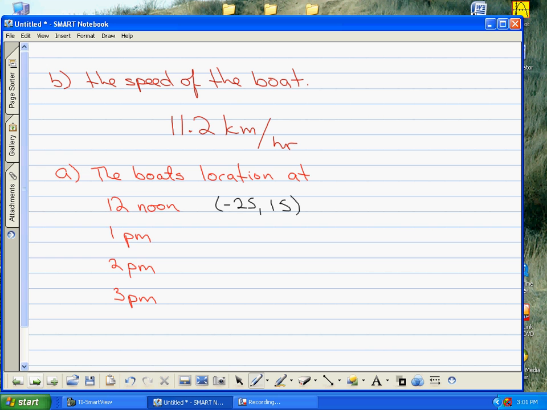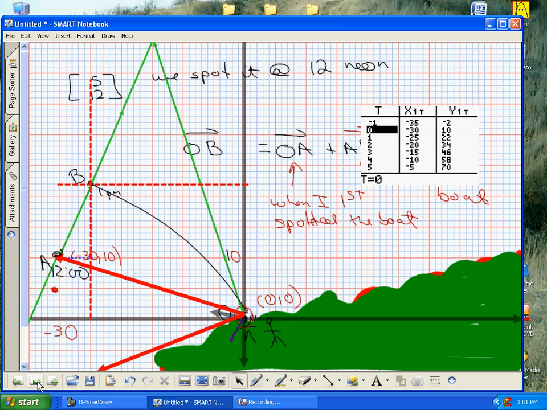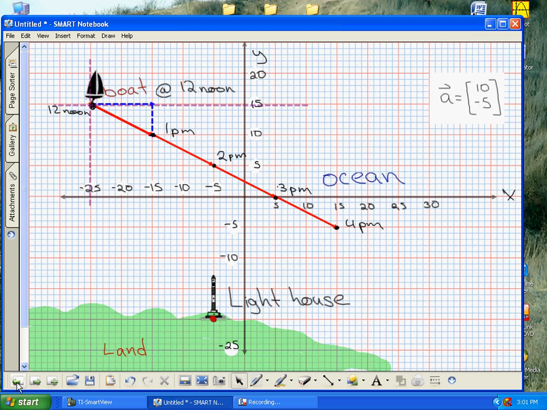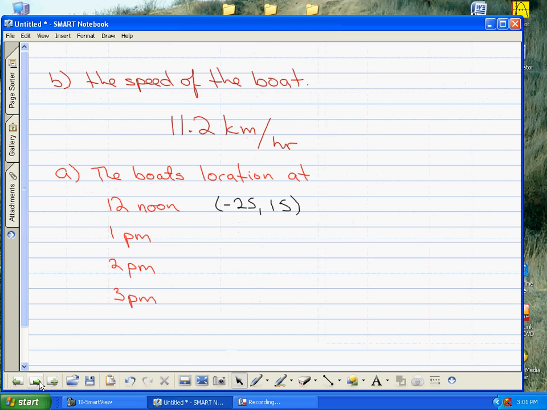At 1 p.m., I am at this point right here. So right here, here's my x coordinate, here's my y coordinate: negative 15, 10. So 1 p.m. is negative 15, 10.